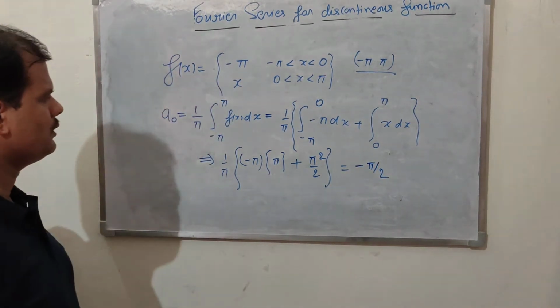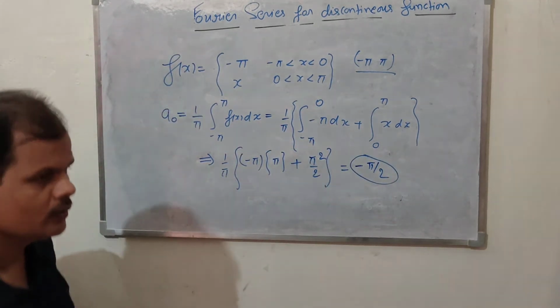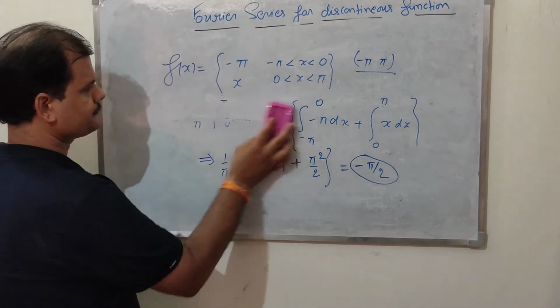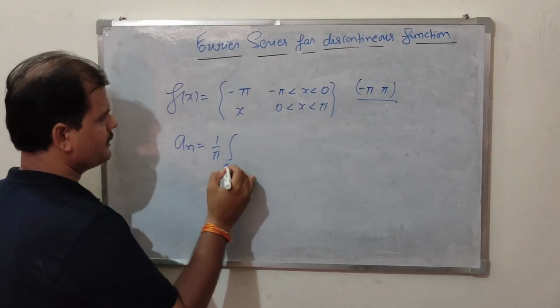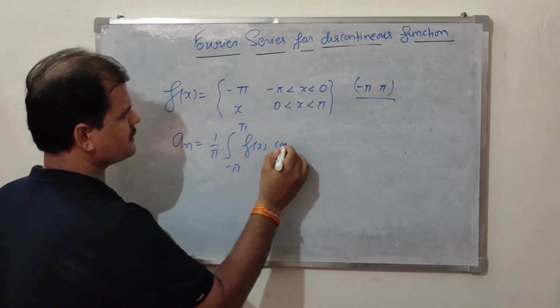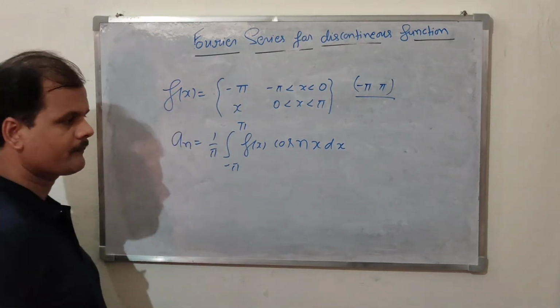So a0 equal to minus pi by 2. So we have got a0. Now let me try to find the an and bn. an equals 1 by pi, integral from minus pi to plus pi of f of x cos nx dx. Fine.